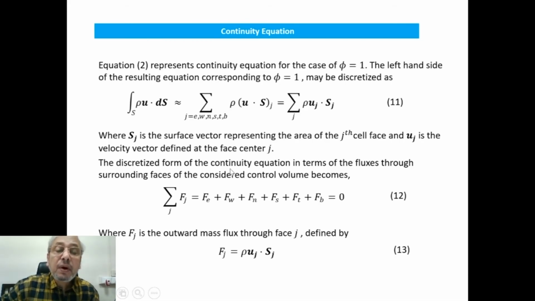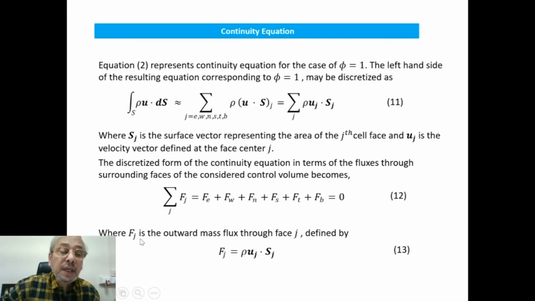The discretized form of the continuity equation in terms of the fluxes through surrounding surfaces of the control volume will then be the summation of Fj, which means Fe plus Fw plus Fn plus Fs plus Ft plus Fb. And obviously there will be no mass accumulation or no mass deficiency, so this summation will be 0.